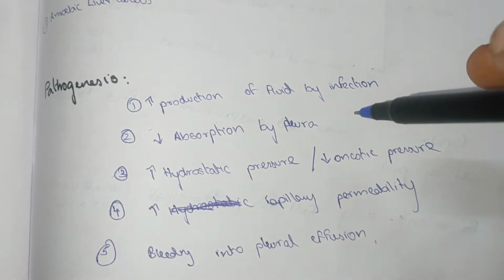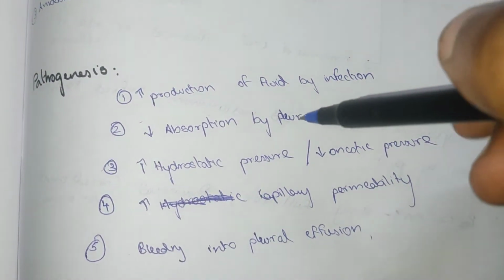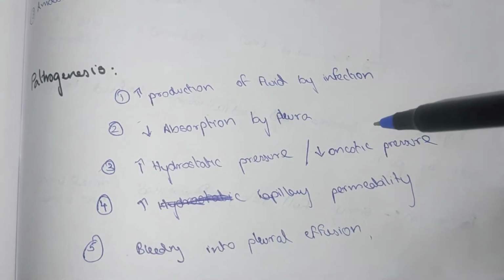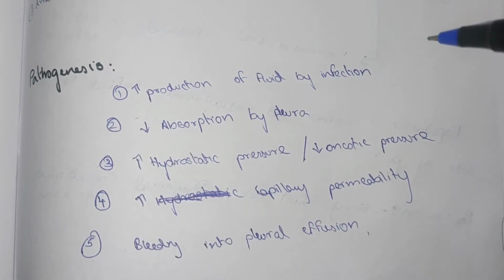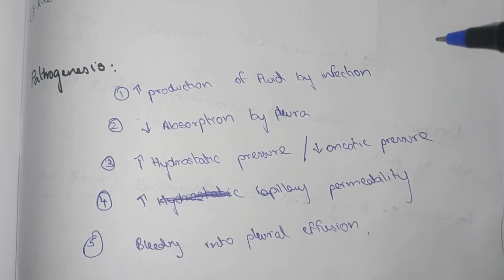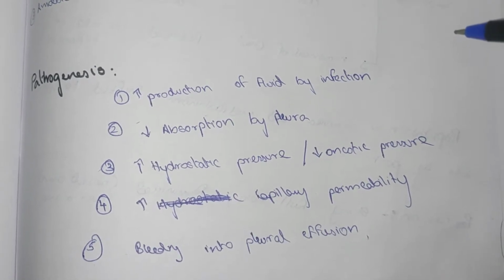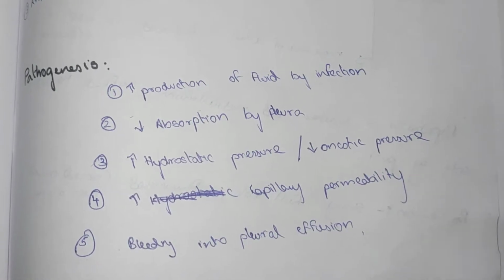When the pleura doesn't absorb the pleural fluid, it might cause pleural effusion. Increased hydrostatic pressure and decreased oncotic pressure, and increased capillary permeability also cause it. When the capillary increases its permeability, there is more fluid accumulation, so it might cause pleural effusion.